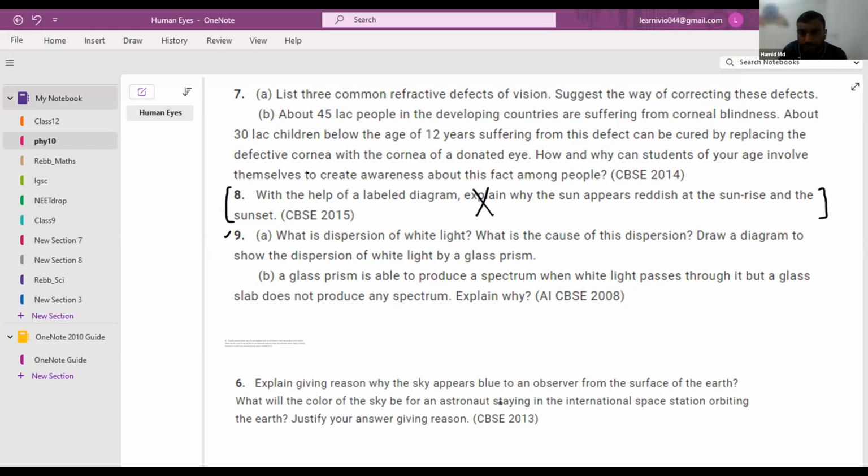Who will answer the next question? The question is why a glass prism is able to produce the spectrum when white light is passed through it, but a glass slab does not produce it. You answered question A, right? I will answer B. Okay, go ahead.